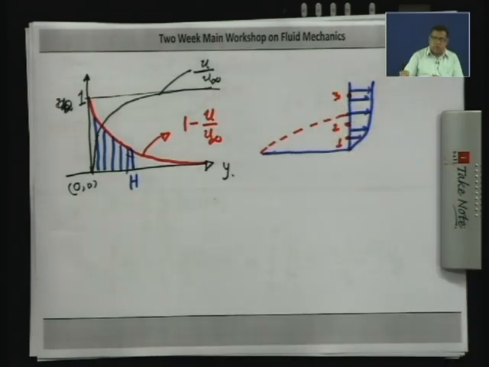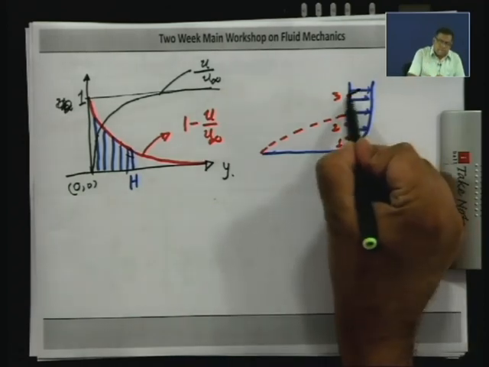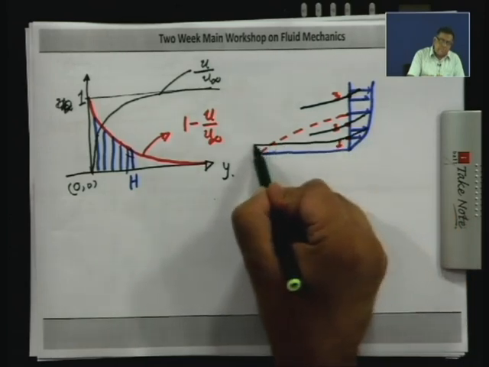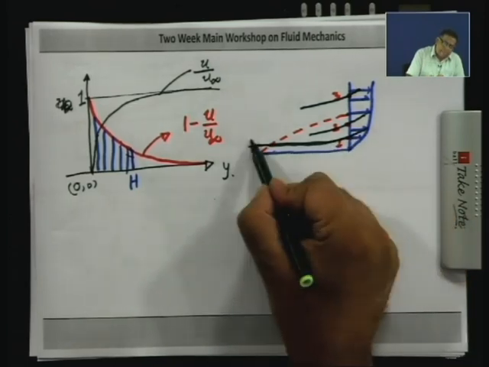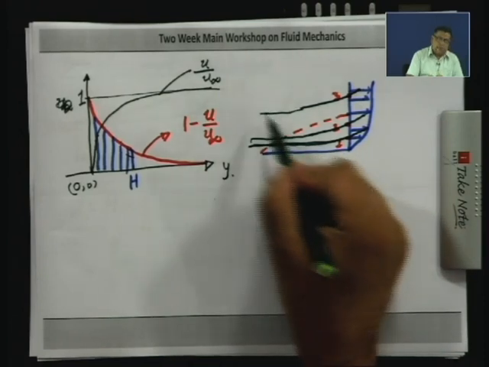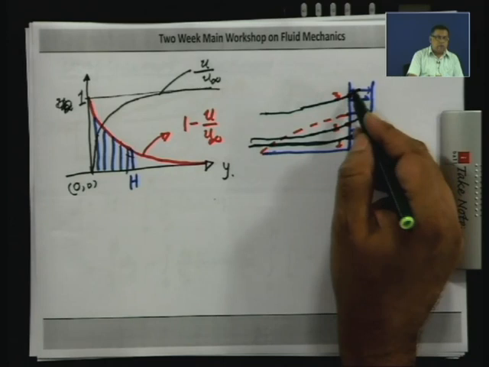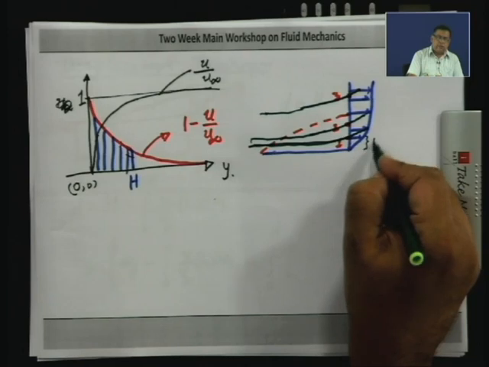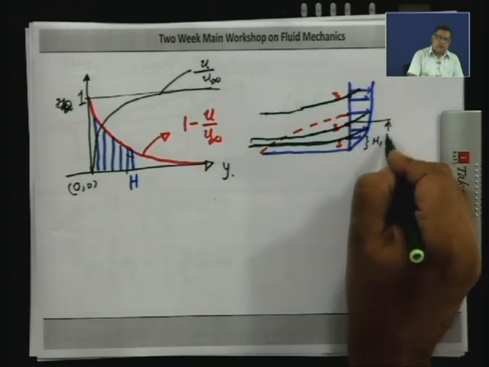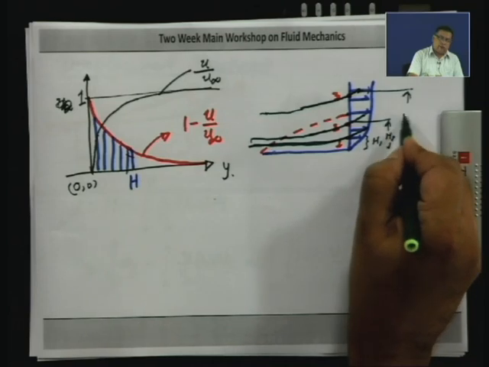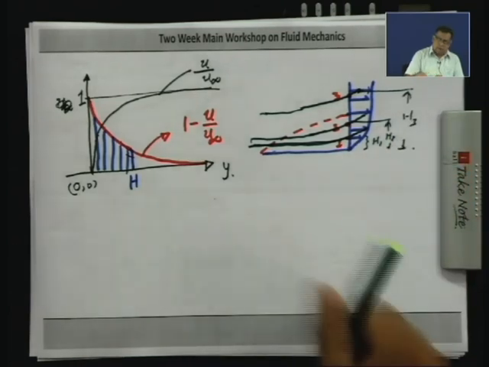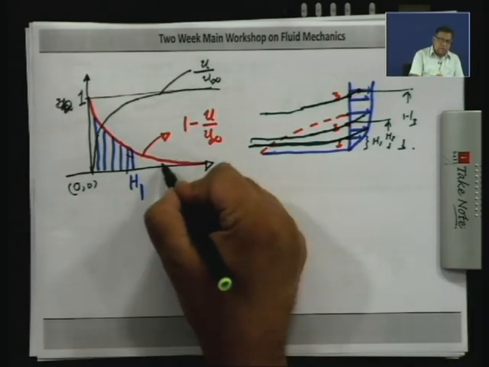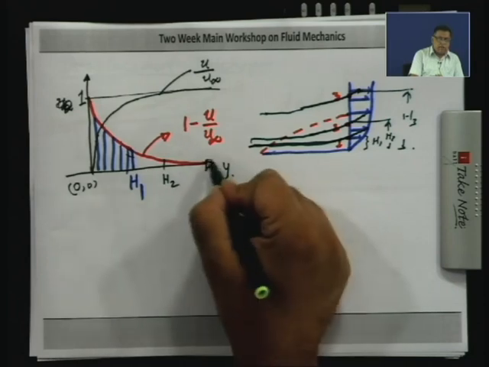I can draw the streamlines through this. All these streamlines are going to be displaced outwards, but by different amounts. So, this one suppose I say is H 1, this is H 2 and this is H 3. The first one I drew here, let me call H 1, and H 2 might be somewhere here and H 3 might be somewhere here.